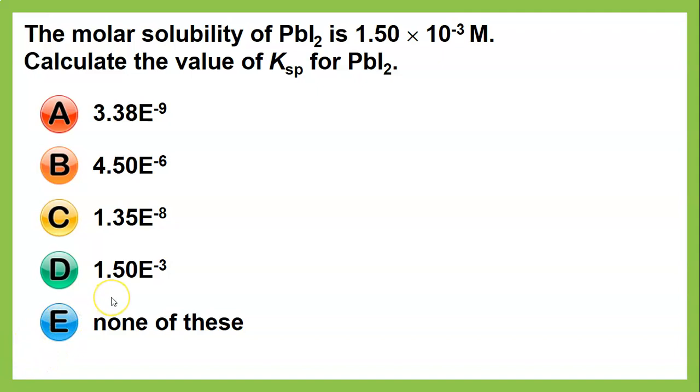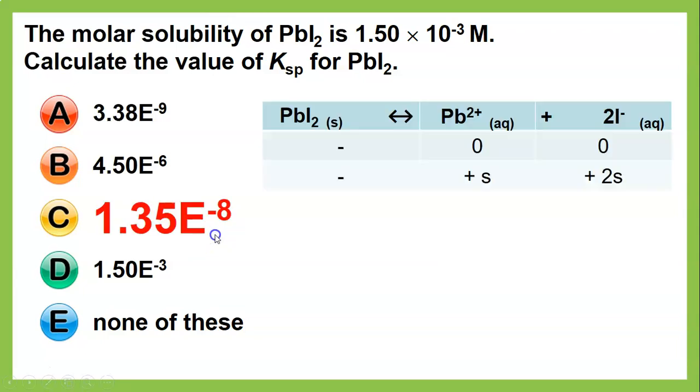All right, so this time I'm going to use S to represent the solubility instead of using X like we normally do, just to get you used to it. So you can see here, it's a 1-to-2 ratio.